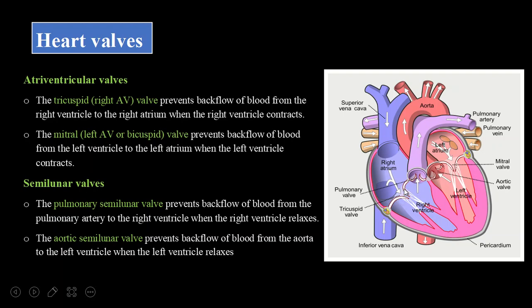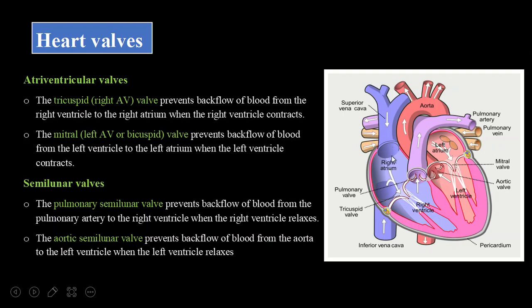So the function of these valves, the tricuspid and the mitral or the bicuspid valve, is to prevent backflow of blood. Backflow means pagbalik ng blood. This prevents backflow of blood from the right ventricle papuntang right atrium.